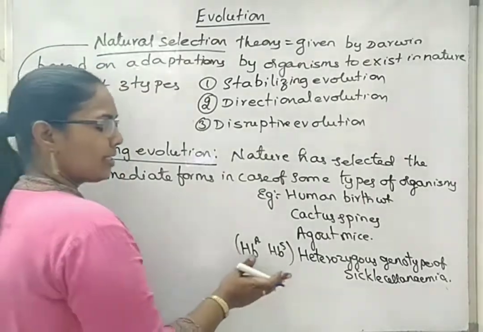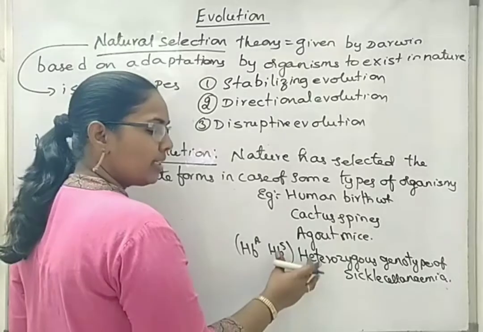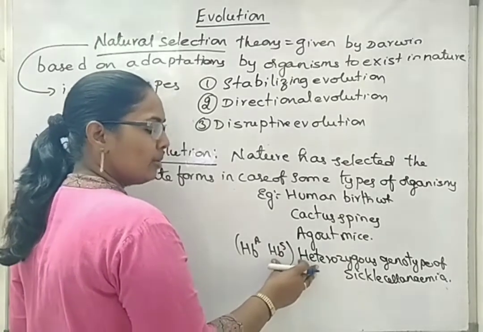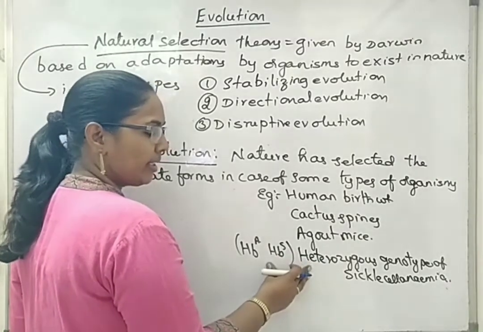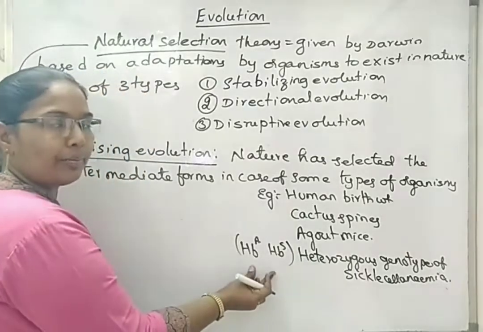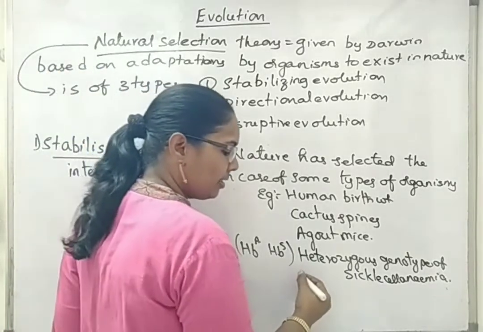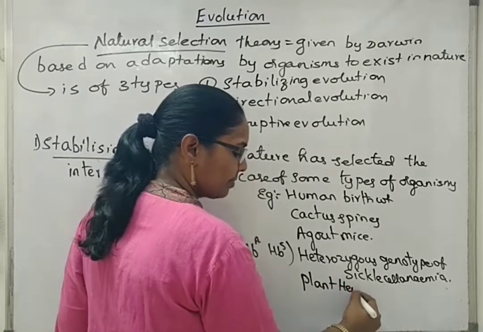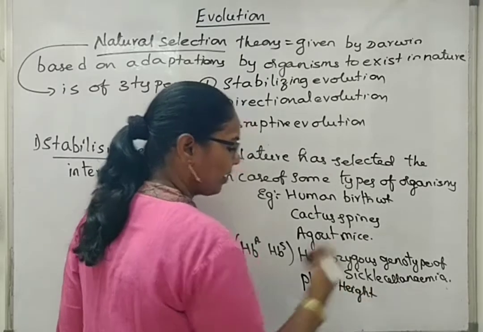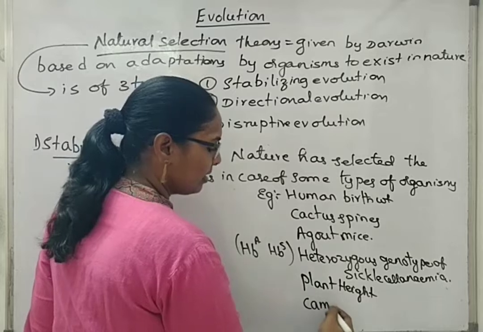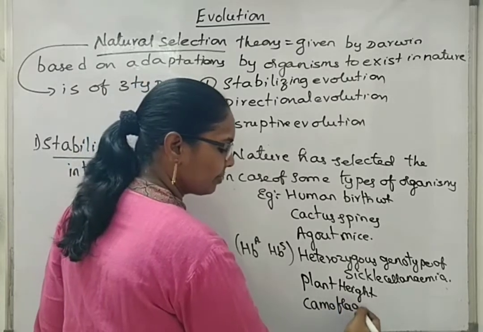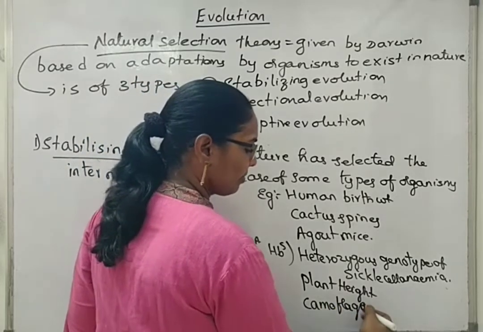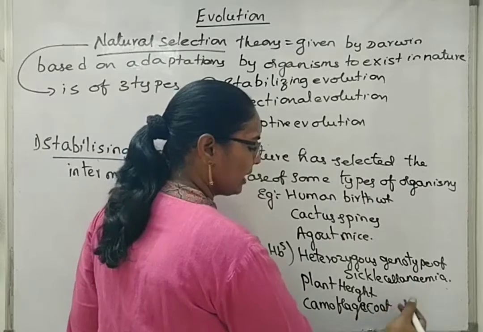So human beings in African countries, most of them are selected by nature with such allele pairs. Another example is plant height. Another example is camouflage, skin coat color.